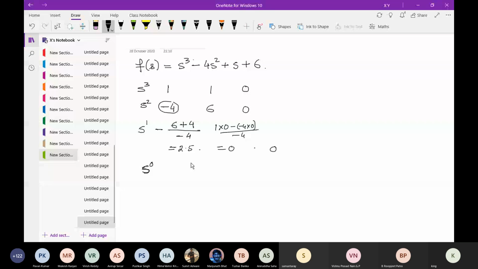So I'll be getting minus 0 minus, divided by 2.5, which will be equal to 6. These will come out as equal to 0.